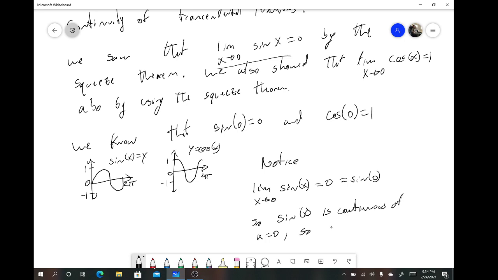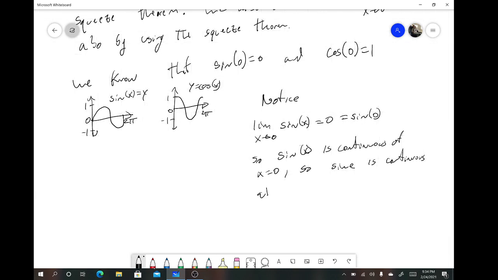So sine is continuous at actually all points in its domain, because it goes forever, both in the negative direction and the positive direction. There are no issues. The only issue that we could have gotten was at 0, and we clearly see that there is no issue.